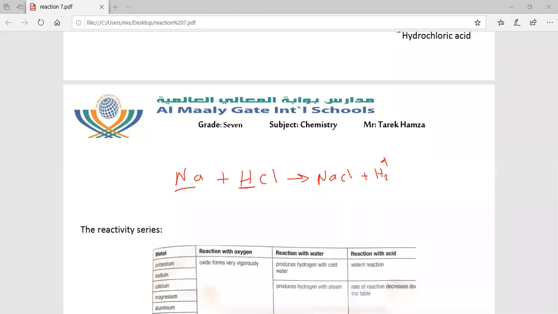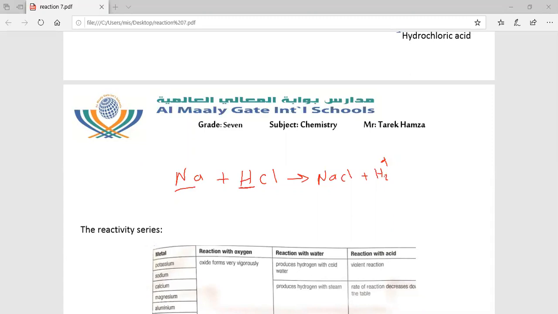Second is sodium, third barium, and calcium, magnesium, and so on. Any element at the top can replace any element under it in its solution. So sodium can displace hydrogen in its solution. Understand?